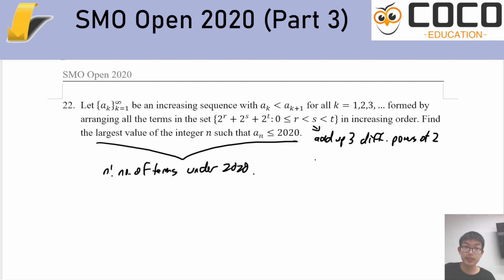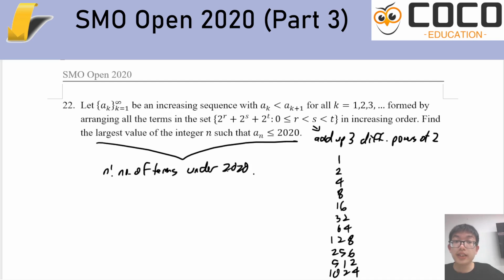You can't avoid this because it is always possible to, let's say, have a power of 2 plus 1 plus 2 if it fits under 2020. So write down a list. It ends at 1024 because 2048 exceeds 2020.